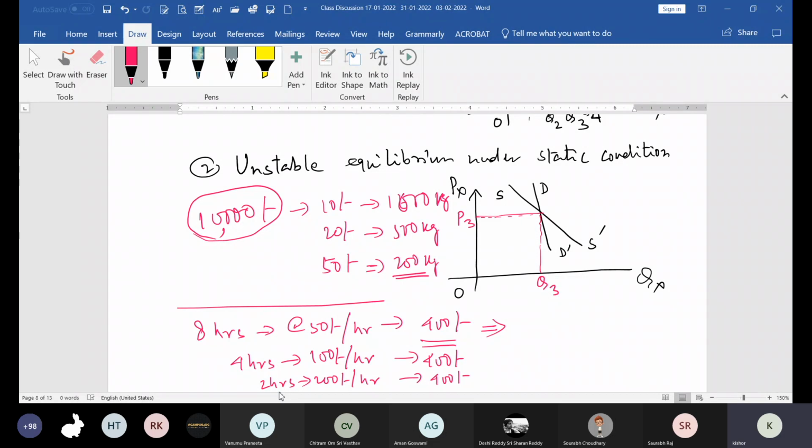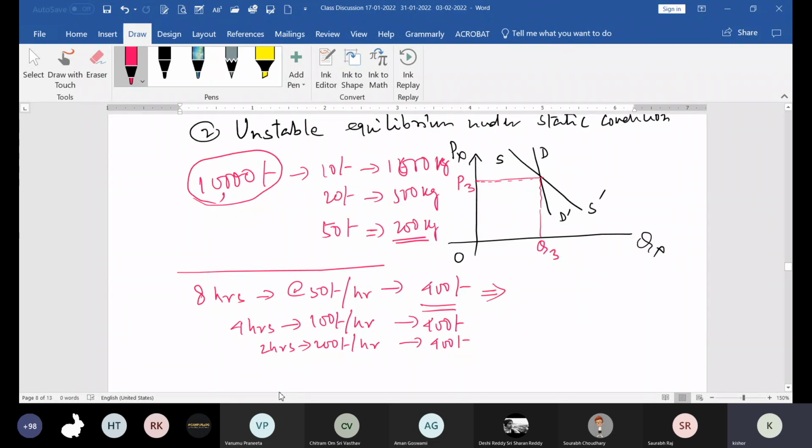So in this case also, when the price of your labor service is more and more, you are supplying less and less of your services to the labor market, or to that company. So 8 hours, 4 hours, 2 hours in that way.